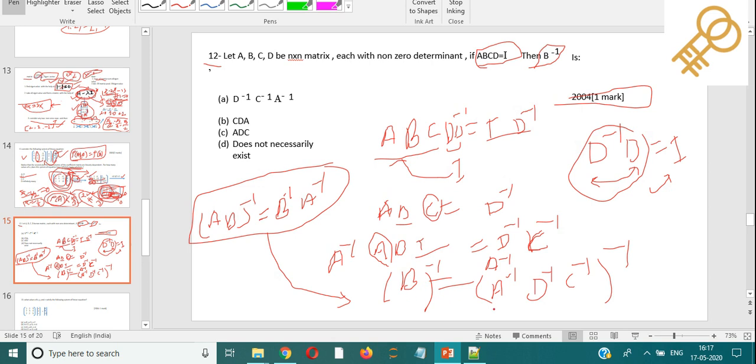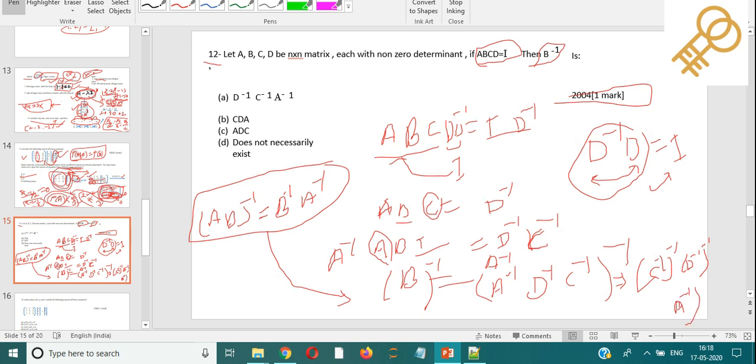If we do so, all the things will be inverted. Finally you'll get C inverse whole inverse, D inverse whole inverse, and A inverse whole inverse.